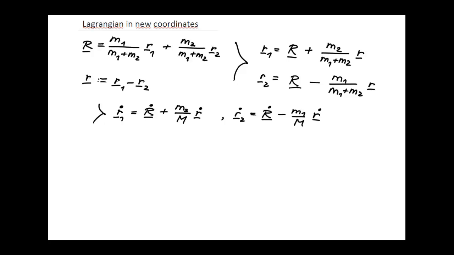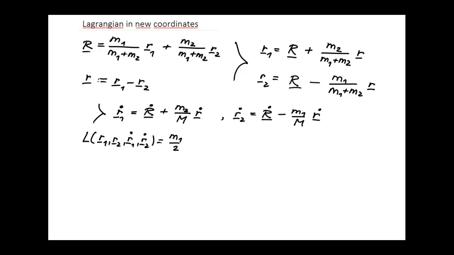Now we go back to the original form of the Lagrange function. Remember that as a function of the original coordinates, r1, r2, r1 dot, r2 dot, this was m1 over 2 and then r1 dot.